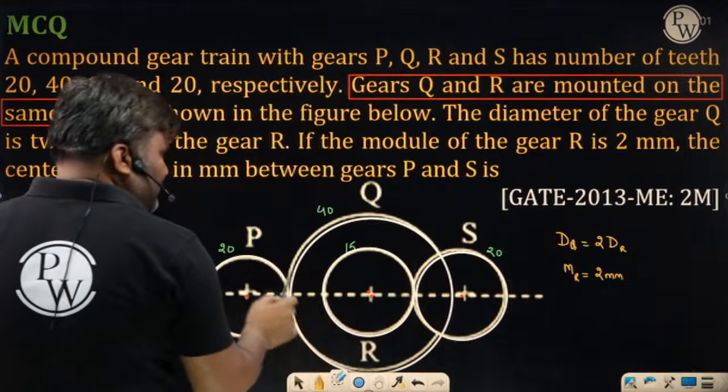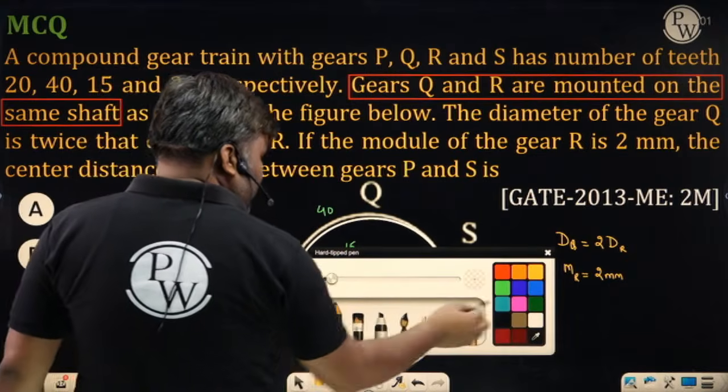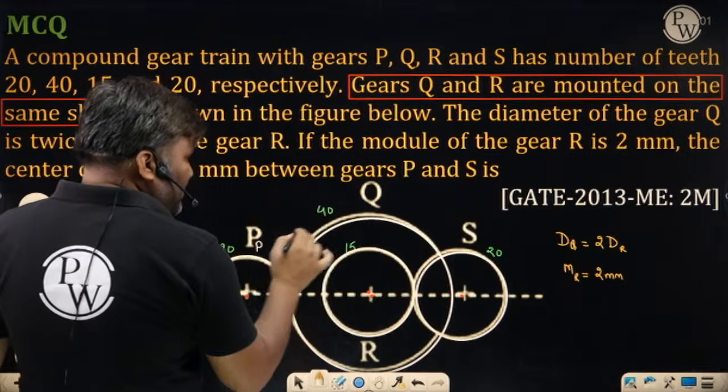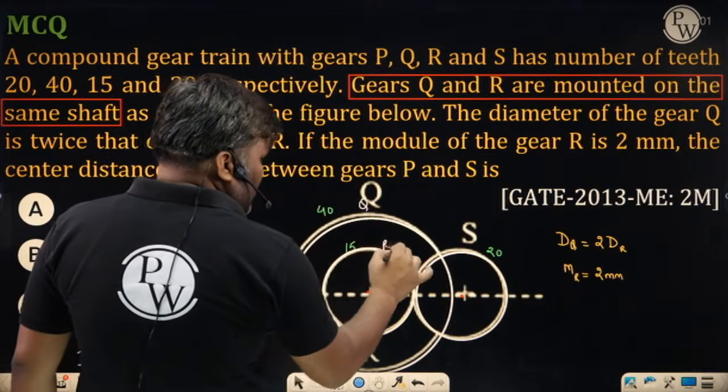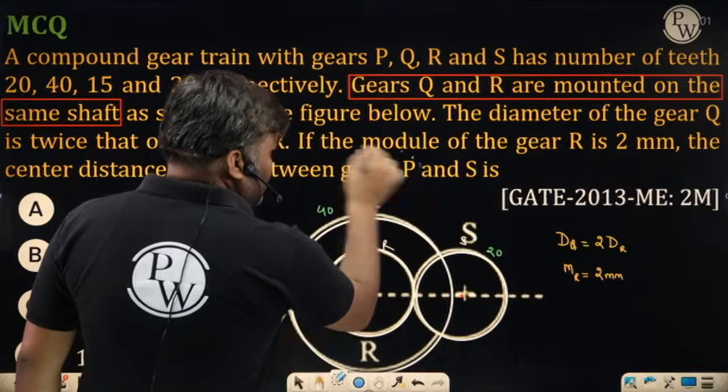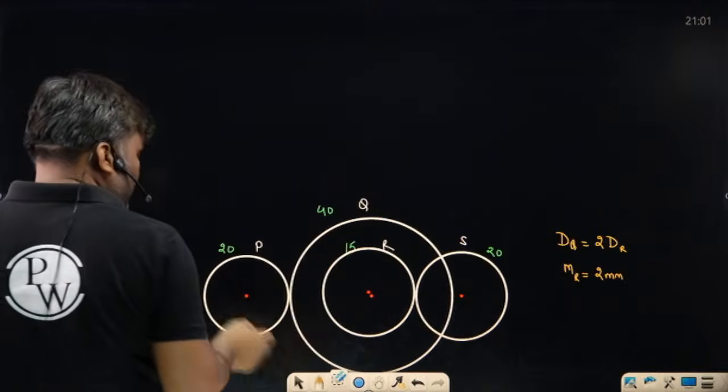This question they have given. Let me write the names: this is P, Q, R, and this is S.